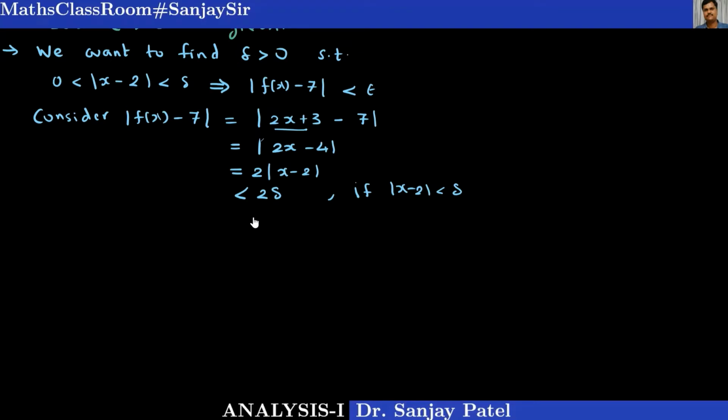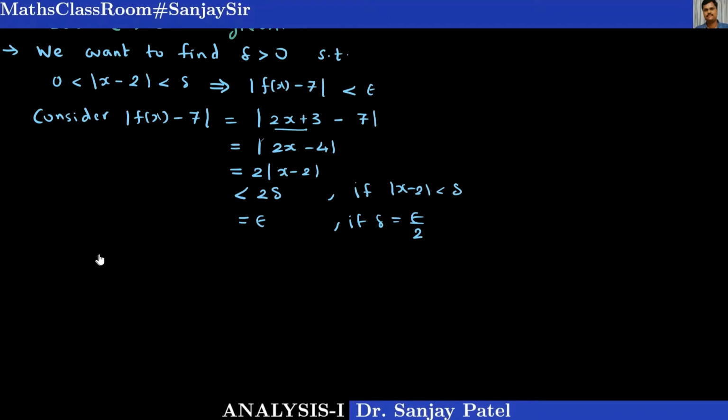So this suggests if I choose delta equal to epsilon by 2, this becomes epsilon. Or you can take some value of delta which is less than epsilon by 2 also. The main thing is to make |f(x) - L| less than epsilon.